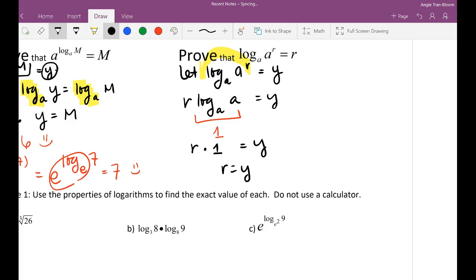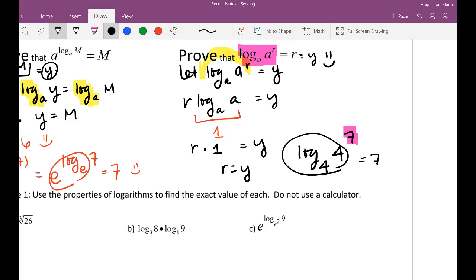Snap! That means this is true. So let's give an example. Log base 4 of 4 to the 7th power. According to this theorem, log base a of the same number to a power, the answer is just going to be, guess what? 7, because these will cancel each other out. Isn't that beautiful?